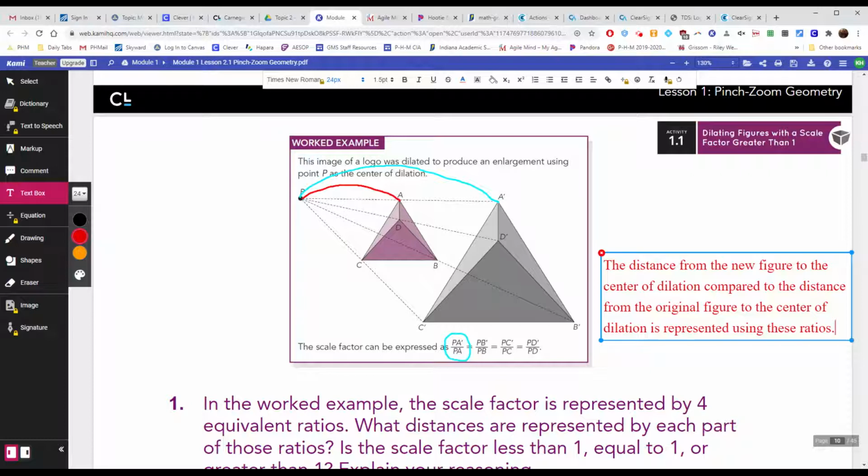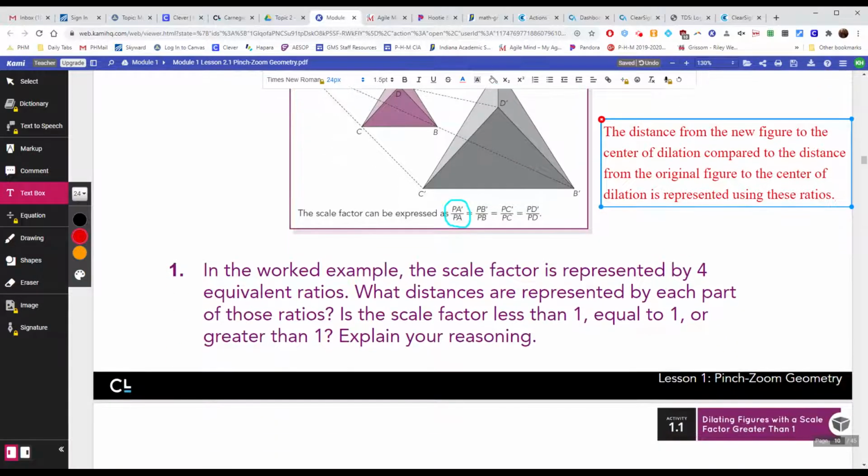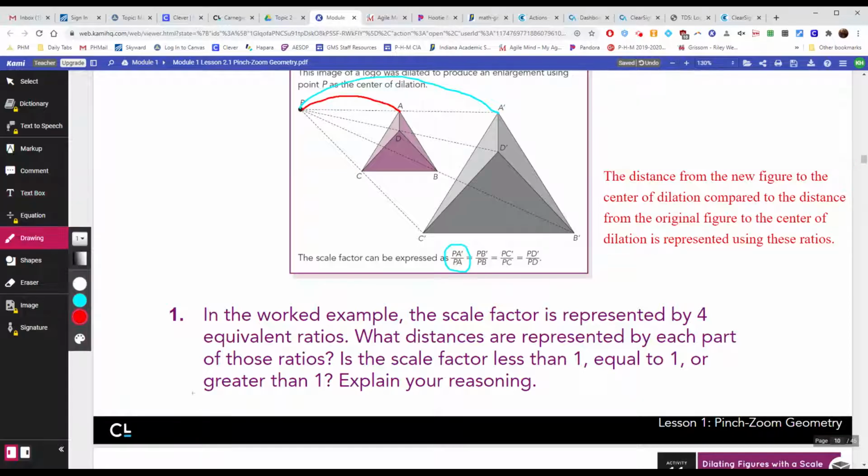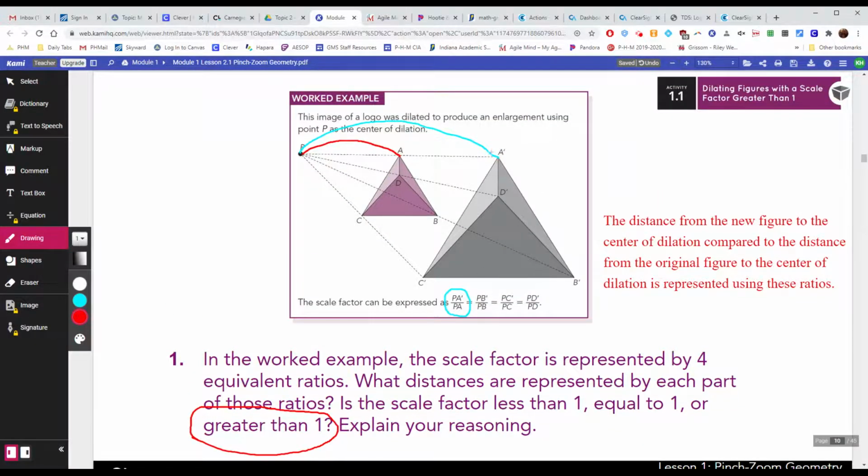So these ratios are basically representing the distance from the new figure to the center of dilation, writing it as a fraction compared to the original figure to the center of dilation. And like we've already said, the scale factor is actually greater than 1 because it produced an enlargement. So anytime the scale factor is bigger than 1, it's going to produce an enlargement.